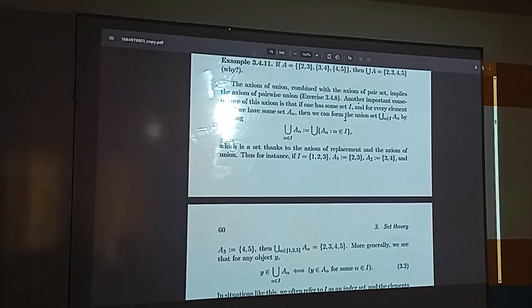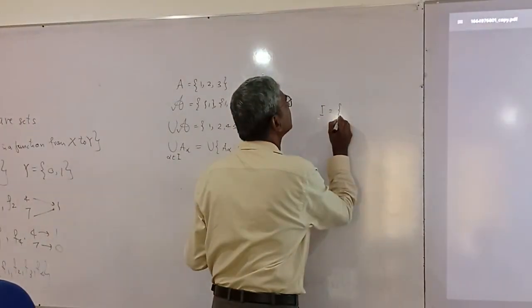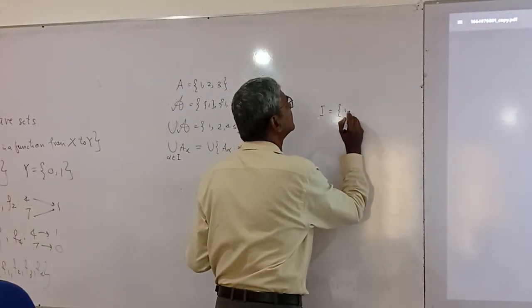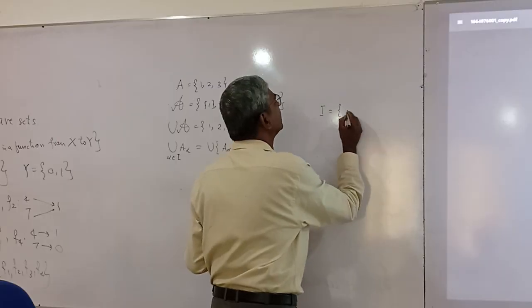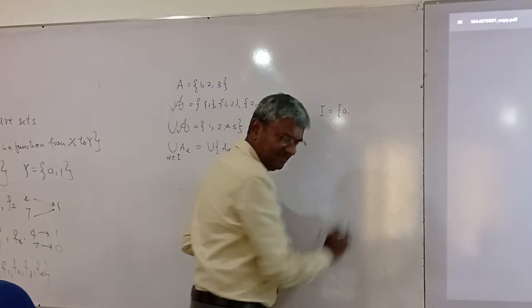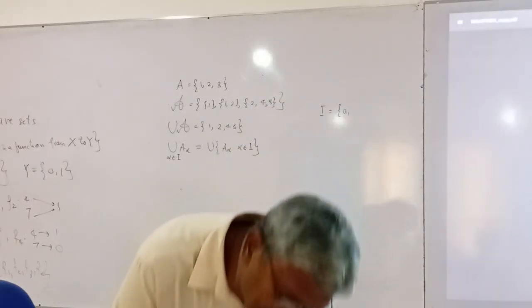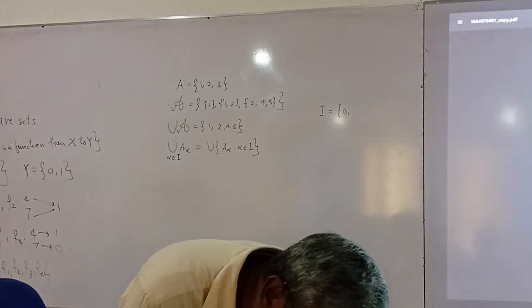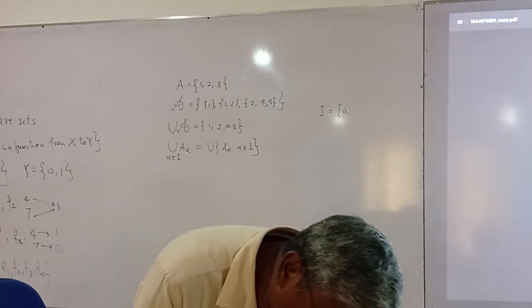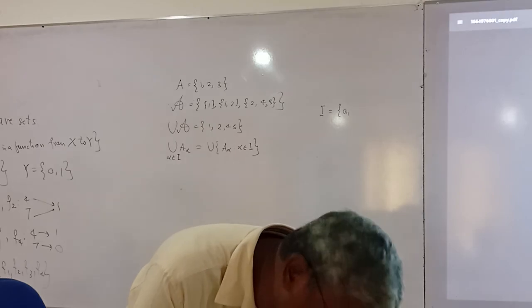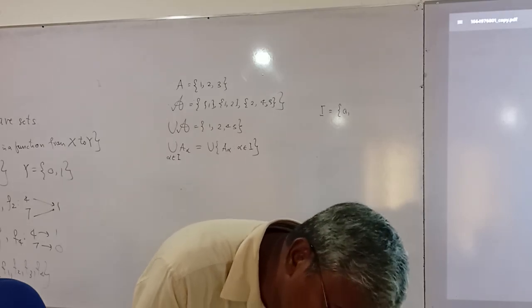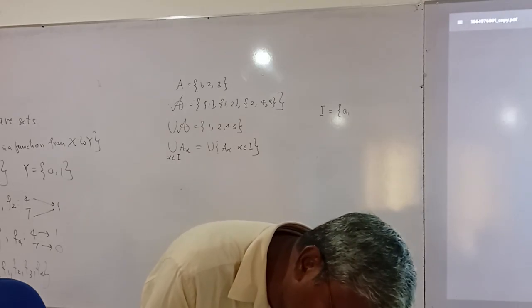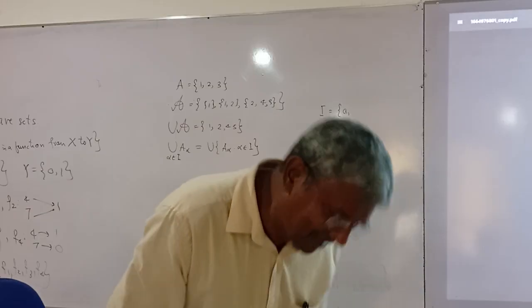Suppose I is equal to, not 1, 2, 3, say A, B, C. I wrote, I think, a nice one. Okay, I have written this.